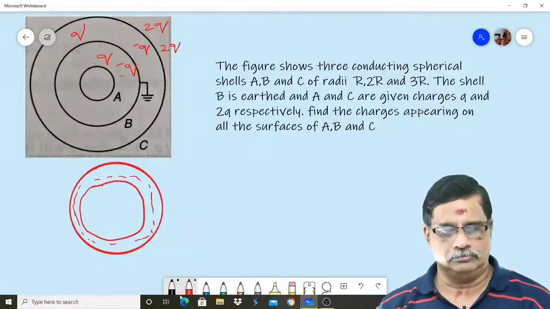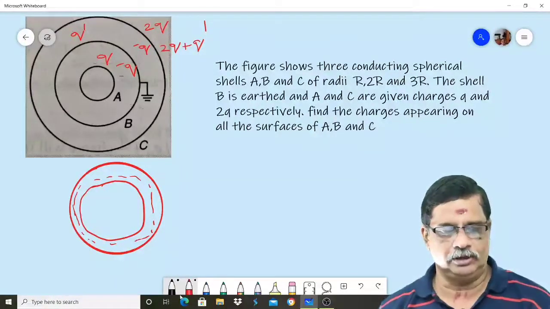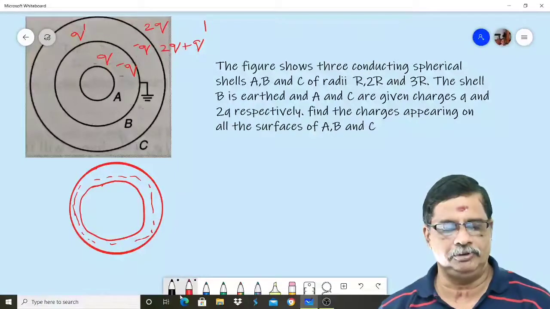Whatever charge is given to the conductor should remain constant after the redistribution of the charges. For the conductor C, you had given a charge of 2Q initially. If you add the charges on both the surfaces of C, you will get the same charge that was given to it at the beginning.